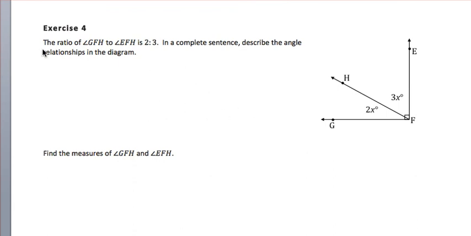And exercise 4 says that the ratio of GFH to EFH is 2 to 3, 2x to 3x. These angles are adjacent and they add to 90 degrees, which we know because of the marking.